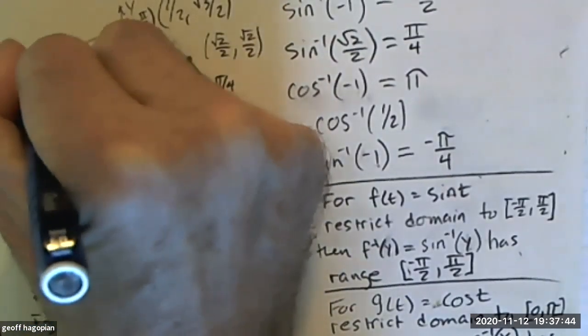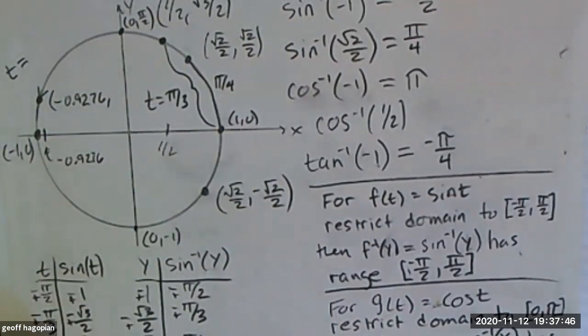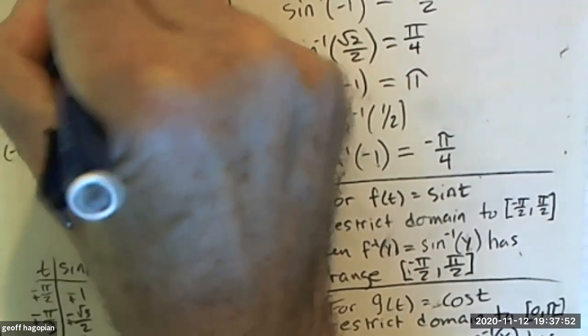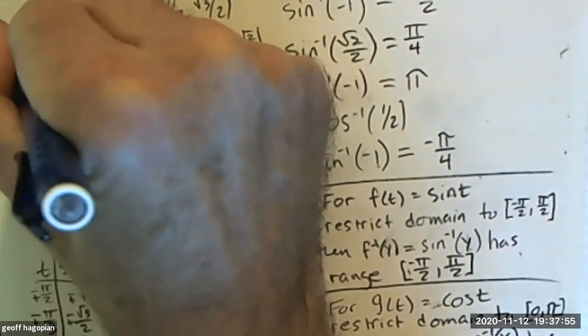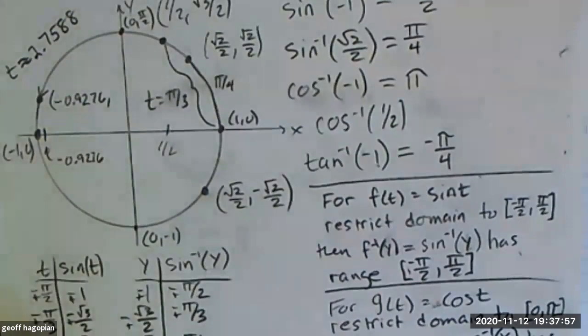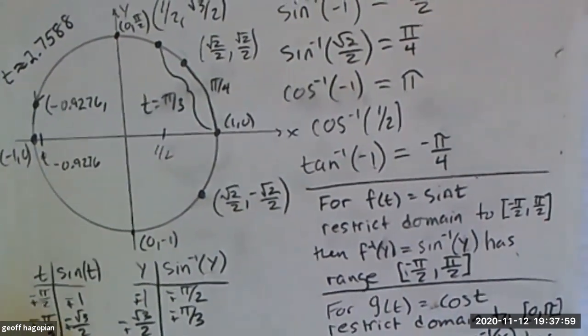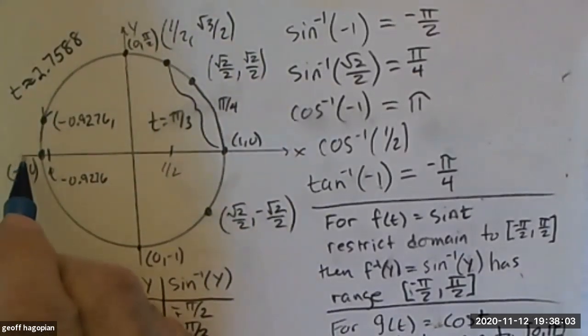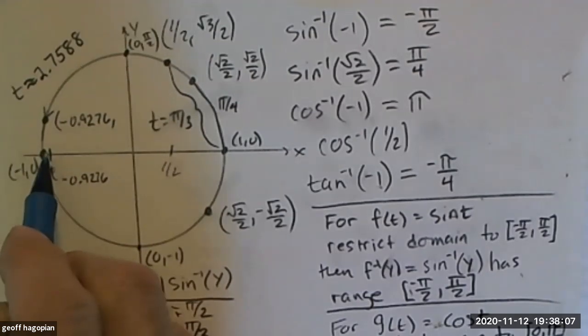And that's t equals this number we just computed, approximately 2.7588. That is an approximation, right? And does that seem reasonable? Yeah, well, pi is 3.14. So you go a little bit further, you get to pi where cosine is negative 1, right?